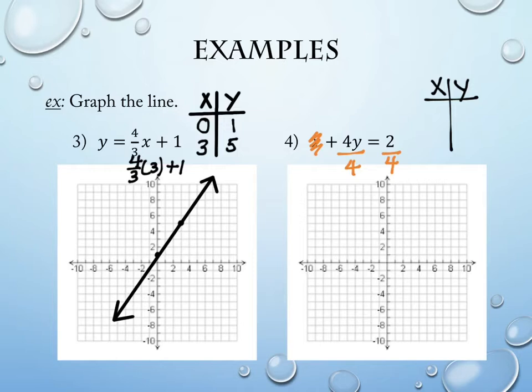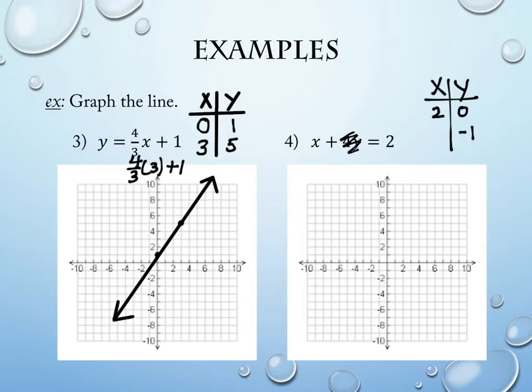So instead of letting x equal 0, we could let y equal 0, and that's actually pretty nice on this one. So if y equals 0 here, then this piece goes away, and I'm left with x equal to 2. So that's a pretty nice value for that one. You could also let y equal, say, negative 1, or 1 if you prefer, whatever you like.